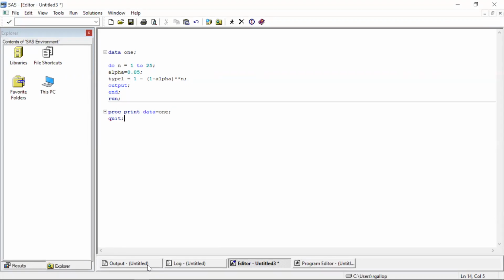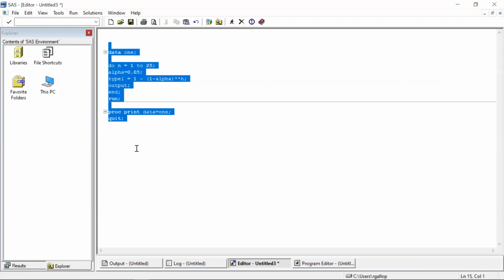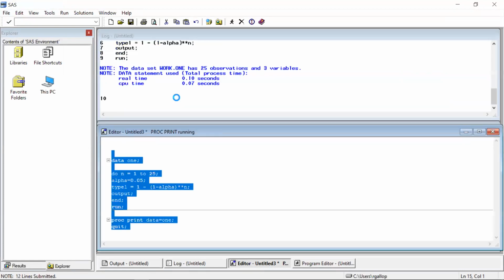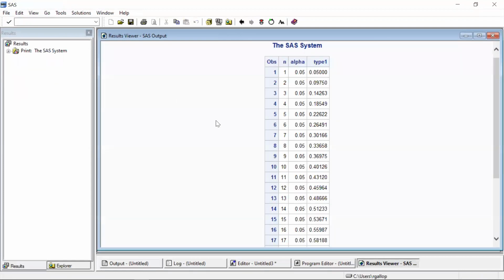So here we go. Again, it's just a formula. For an alpha level of 0.05, this is showing the probability of a type 1 error as you do multiple independent tests of association.